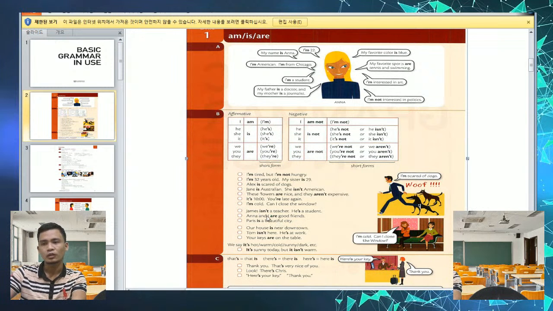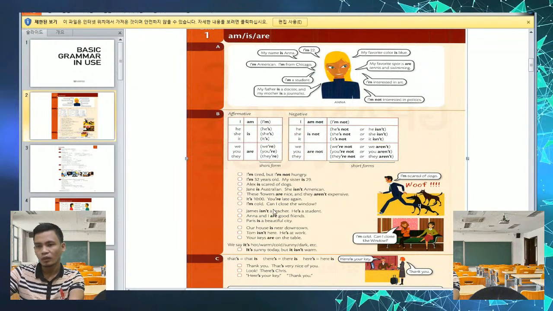In the first part, we have James, who is not a teacher, which contradicts the next sentence, he's a student. The first part is negative, and the next sentence is affirmative, contrasting to the first sentence.